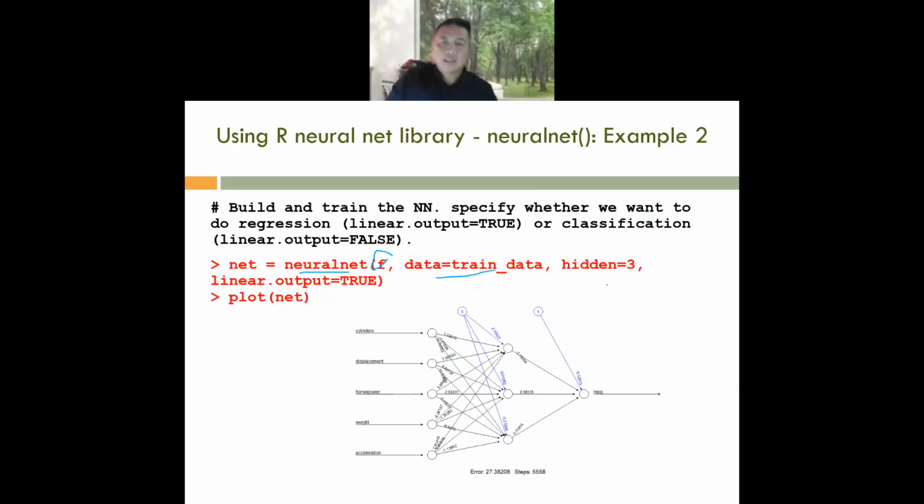Then we use the training data set, and we use hidden 3 only. So this is your 3 hidden neurons. Then your linear output with some number here. So when you plot, you will have this one.